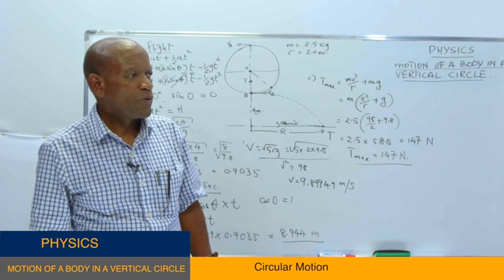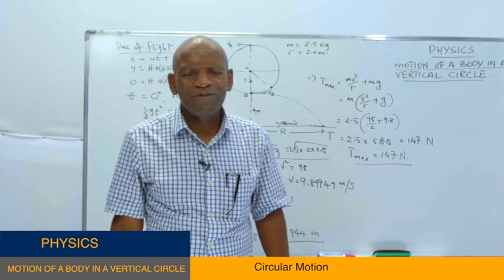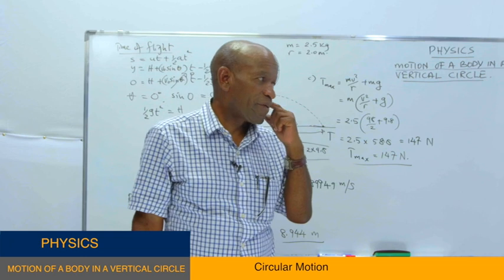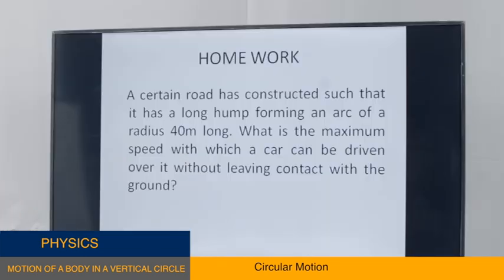Okay, students, we are back again, and the question for you is this one here. A certain road has been constructed such that it has a long hump forming an arc of a radius of 40 meters. What is the maximum speed with which a car can be driven over it without leaving contact with the ground? This is a very good question.